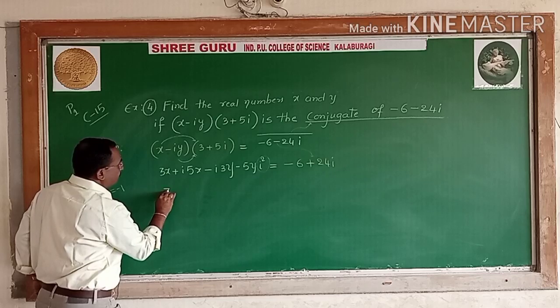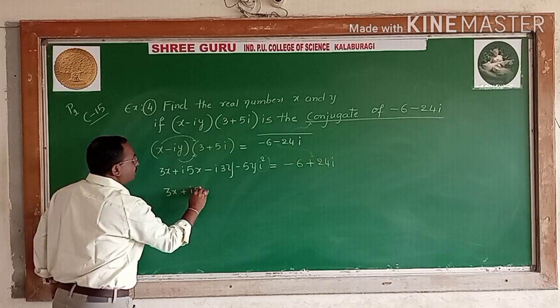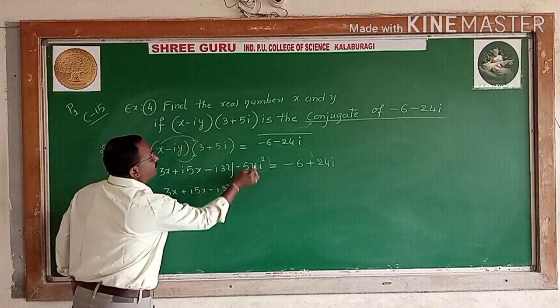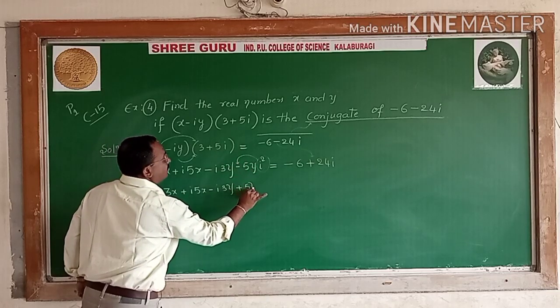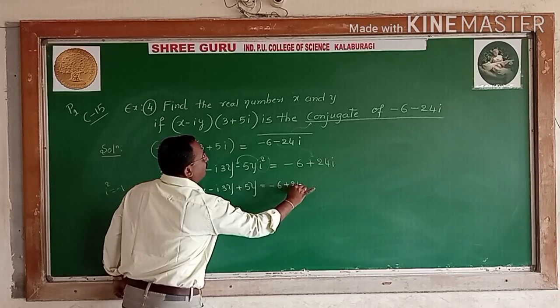So 3x as it is, plus i times 5x, minus i times 3y, minus minus plus 5y, is equal to minus 6 plus 24i.